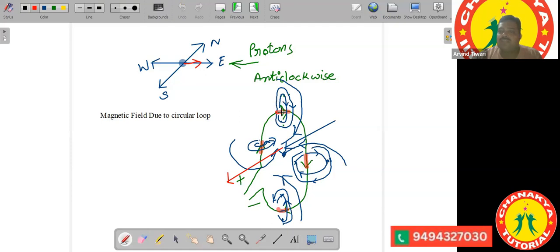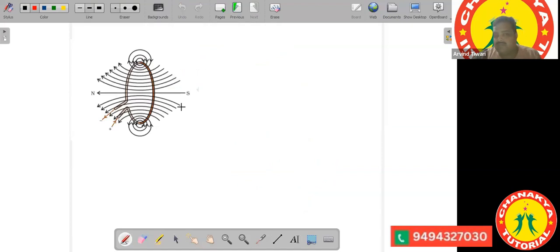You can draw from one of the sides, top and bottom, and then reach the same conclusion. Try to make this diagram.